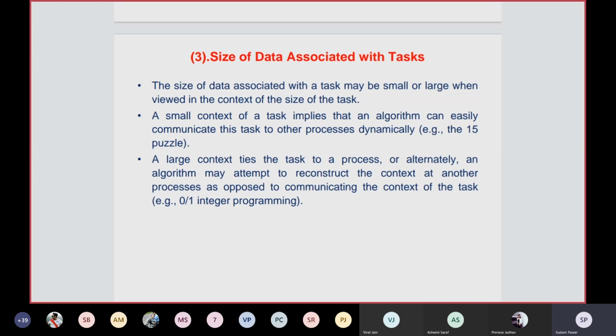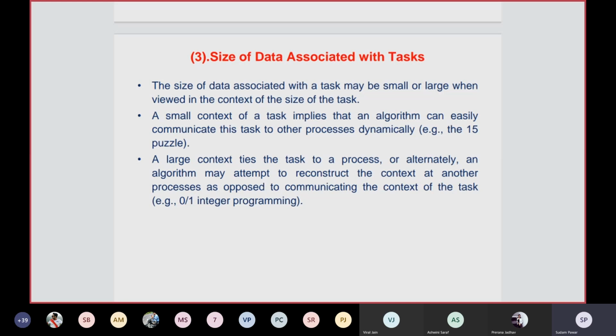But in case of the large context of task, a large context ties the task to a process or alternately an algorithm, and may attempt to reconstruct the context at another process as opposed to communicating the context of the task.